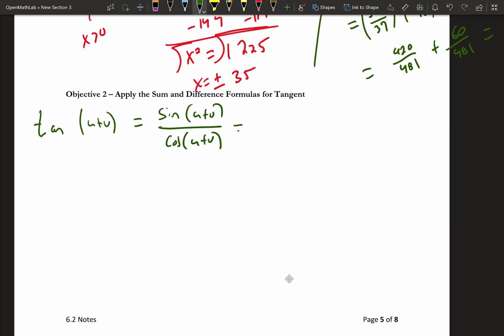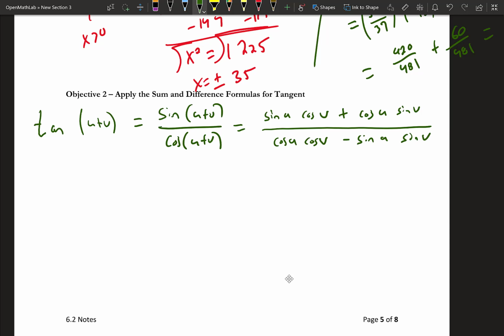Now what we could do is plug in those sum formulas for cosine and sine. So we get sine u cosine v plus cosine u sine v, all over cosine u cosine v minus sine u sine v.